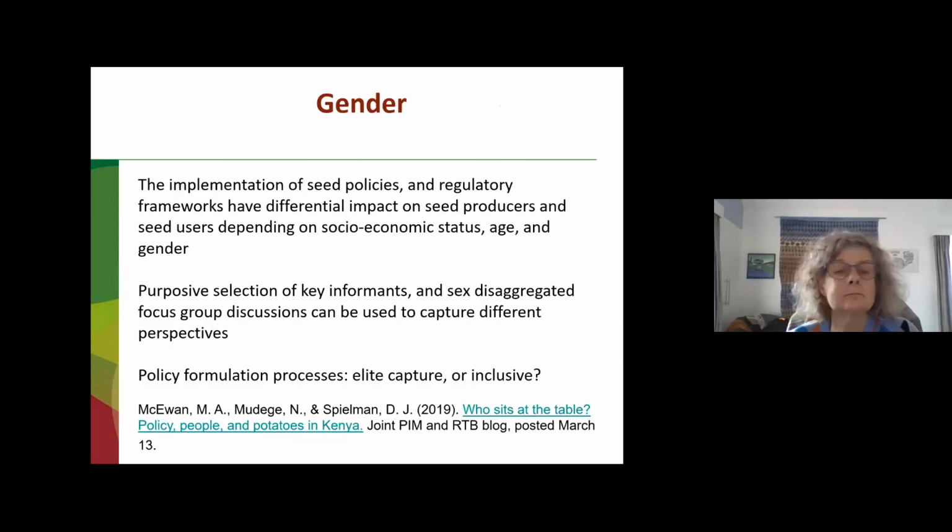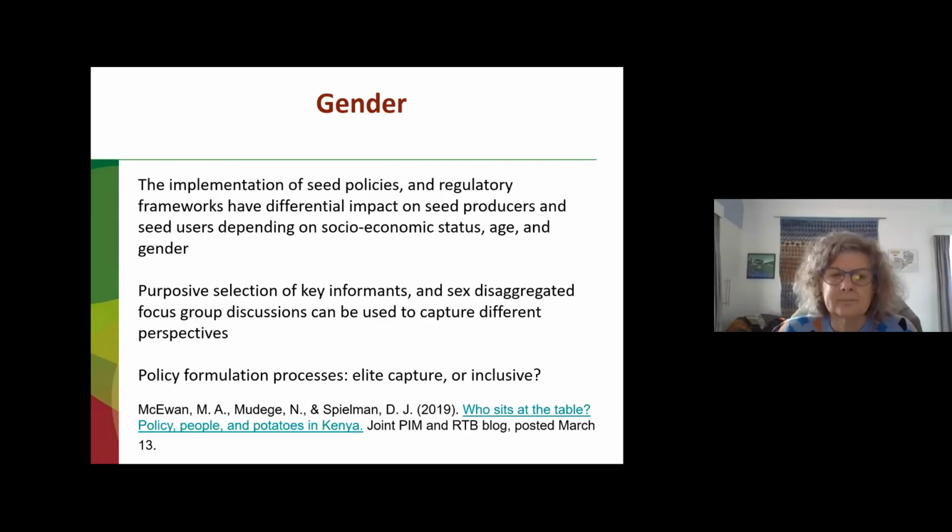Obviously, the implementation of seed policies and regulatory frameworks have differential impacts on seed producers and seed users depending on their socioeconomic status, age, and gender. So, for example, from the perspective of a seed producer, they need a certain amount of land to ensure that they are maintaining isolation distances or implementing rotation practices.